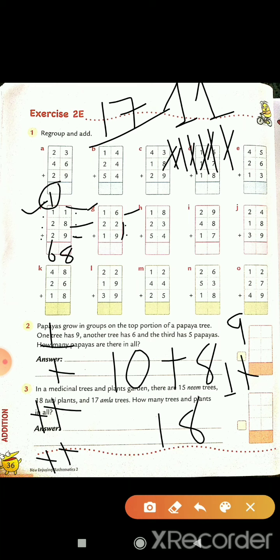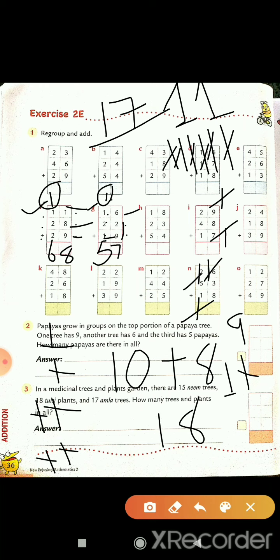17 can be regrouped as 1 ten and 7 ones. So at the place of ones, write 7 and 1 is carried to the tens column. Then add the tens: 1, 1, 2 and 1. Count them together: 1, 2, 3, 4, 5. So write here 5. So our answer is 57.